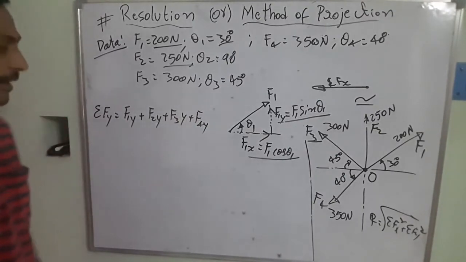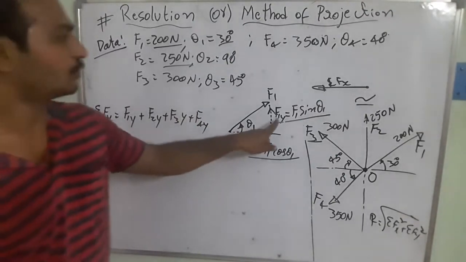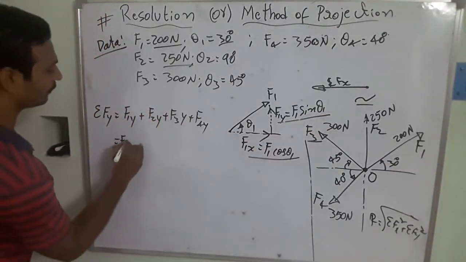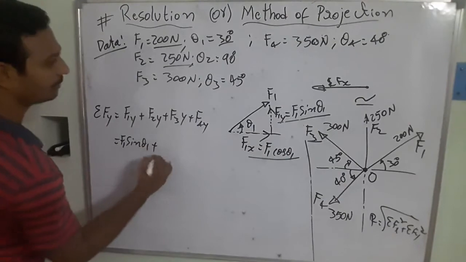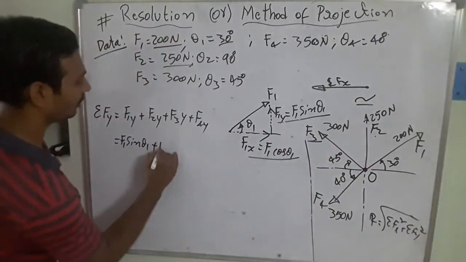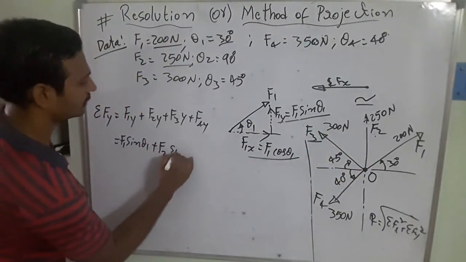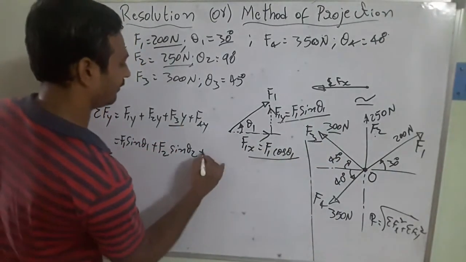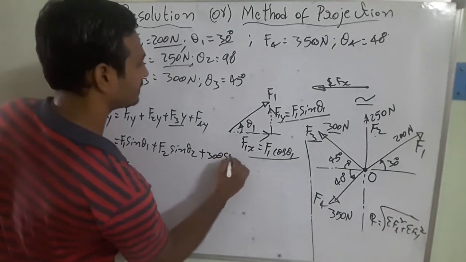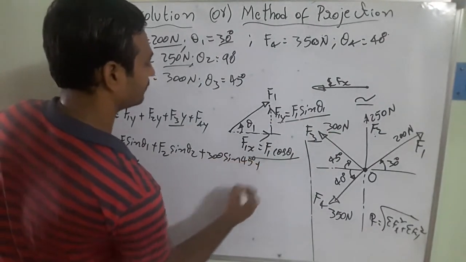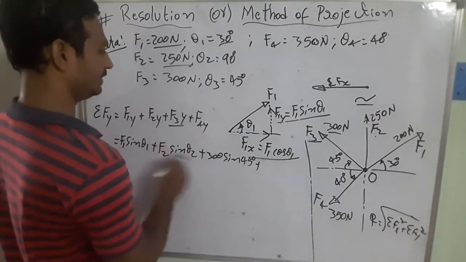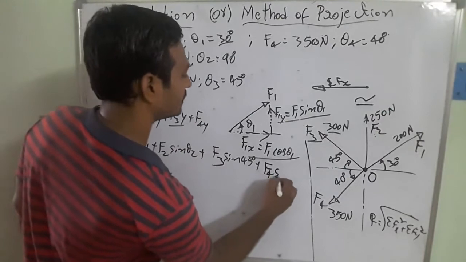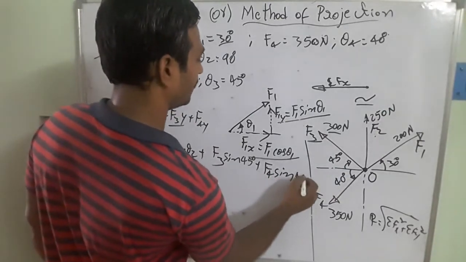F1y is equal to F1 sin theta 1, plus F2 sin theta 2, plus F3, which is 300 sin 45 degrees, plus F4 sin 40 degrees.